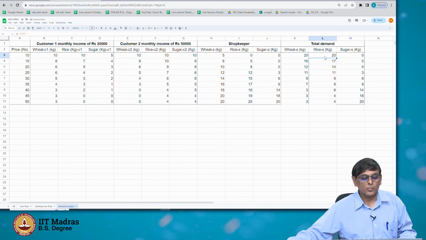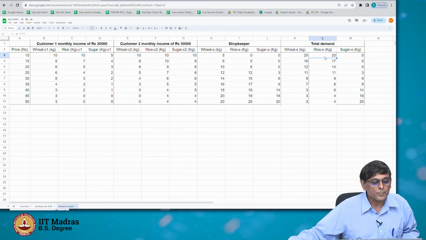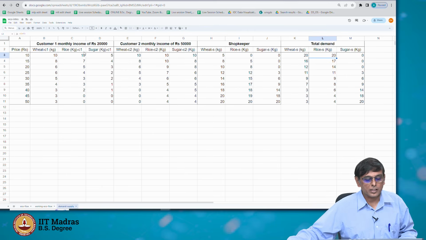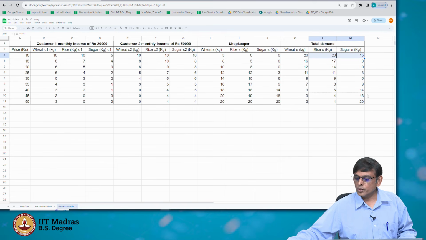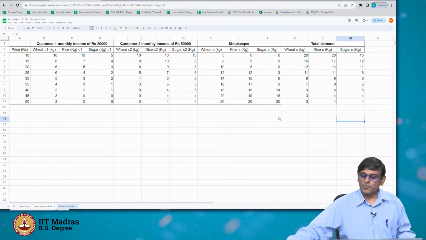This is saying C3 plus F3. So I can also do it like this, right? I can pull it this way also. That also should work, and I should pull it down. So I have got the total demand for wheat, rice, and sugar over here.